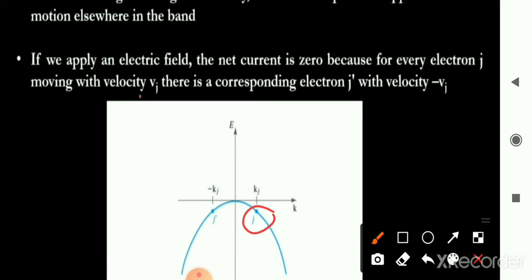There is a corresponding electron J dash, another electron with a velocity minus Vj. We can see that one electron is moving in this direction, and another electron is moving in this direction. So the net electricity produced by the movement or collision of recombination of electron and hole in a valence band will be 0.